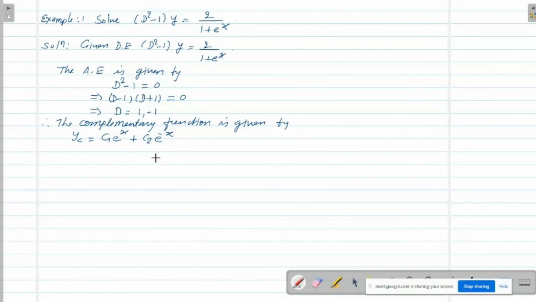Okay, this is the complementary function, where you can write y1 equal to e raised to x and y2 equal to e raised to minus x. Okay, so the first term is y1, the second term is y2.